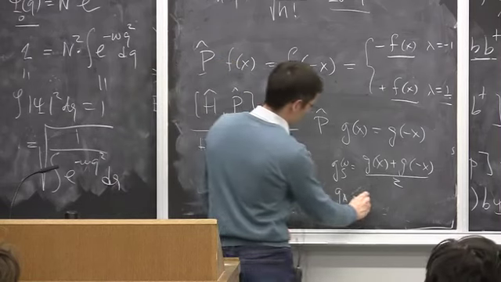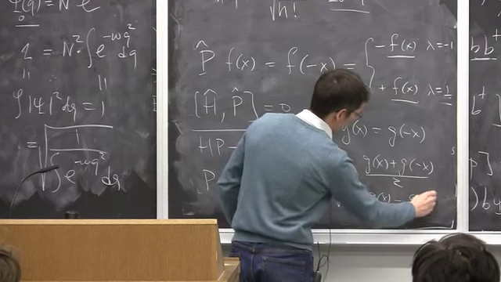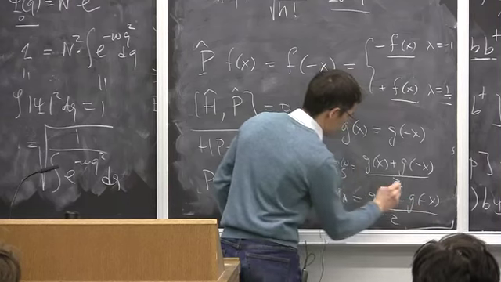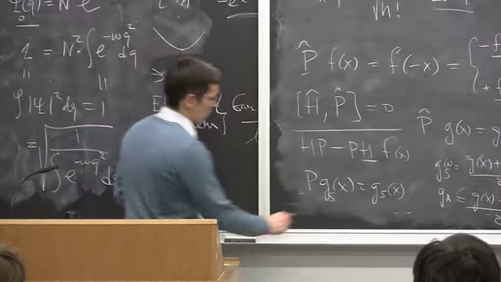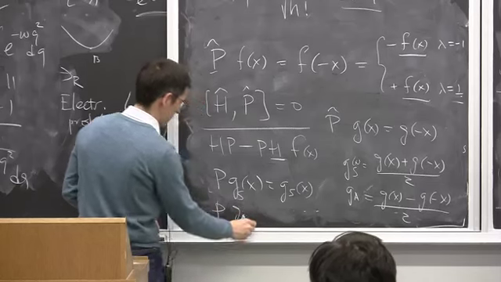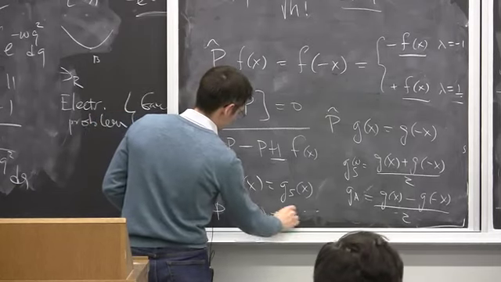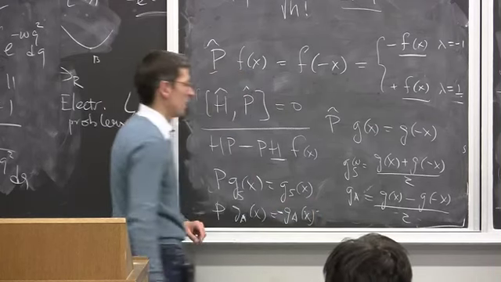And the antisymmetric one is g of x minus g of minus x. When you act on this function with parity, it will always be minus. You can check that.